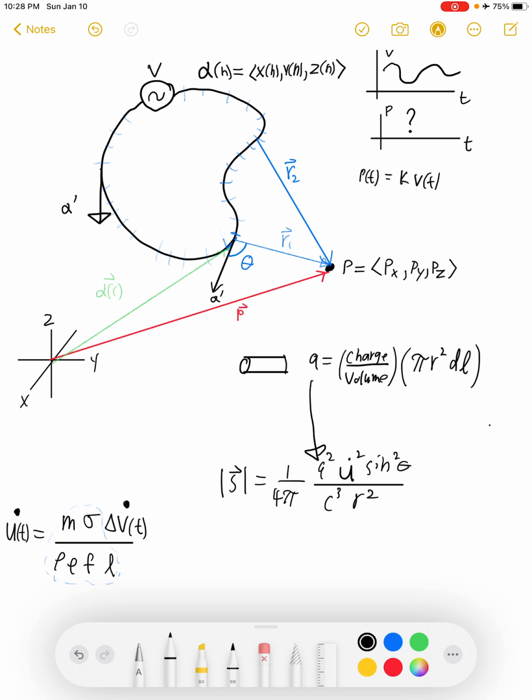But if it's very far in the past, what will it be equal to? Say that R is infinitely big. If R is infinitely big, you would have to go infinitely far back in time to correlate the voltage with its power.